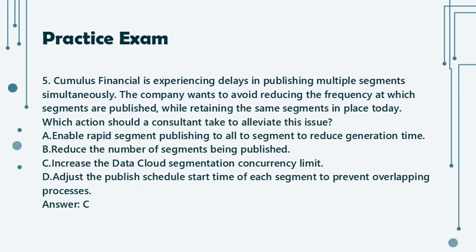A. Enable rapid segment publishing to all segments to reduce generation time. B. Reduce the number of segments being published. C. Increase the Data Cloud segmentation concurrency limit. D. Adjust the publish schedule start time of each segment to prevent overlapping processes. Answer: C.